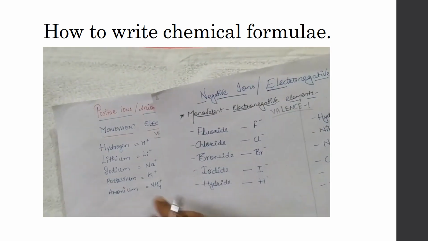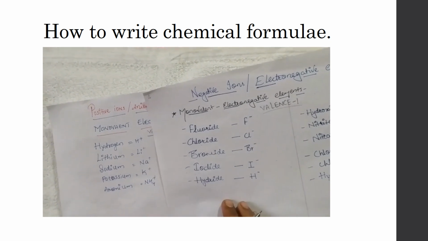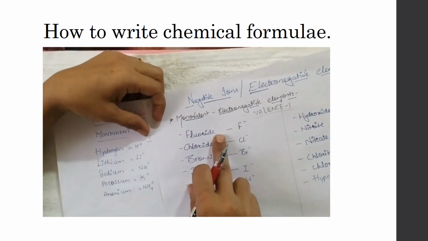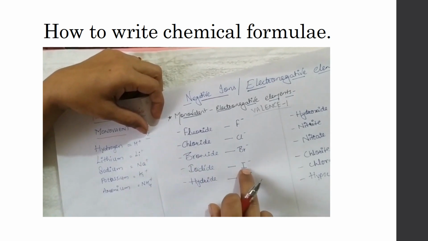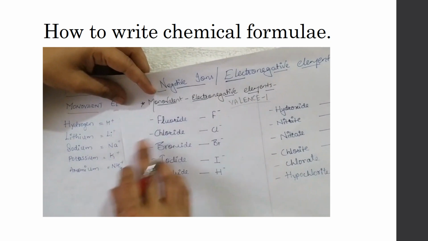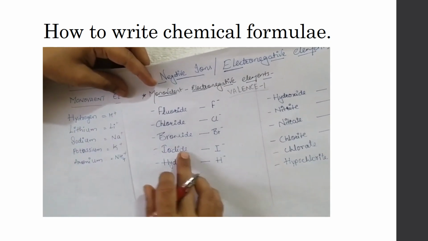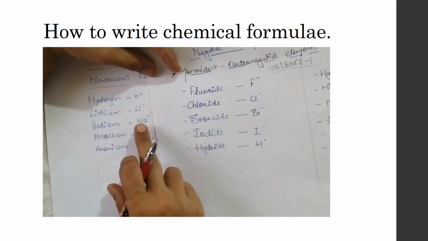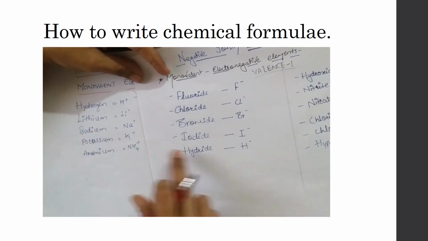Now, by comparing these two charts, we can understand a few more examples. Hydrogen reacts with fluorine, chlorine, bromine, iodine and hydride: hydrogen fluoride, hydrogen chloride, hydrogen bromide, hydrogen iodide, hydrogen hydride. Lithium fluoride, lithium chloride, lithium bromide, lithium iodide, lithium hydride. Next, sodium: sodium fluoride, sodium chloride, sodium bromide, sodium iodide, sodium hydride.